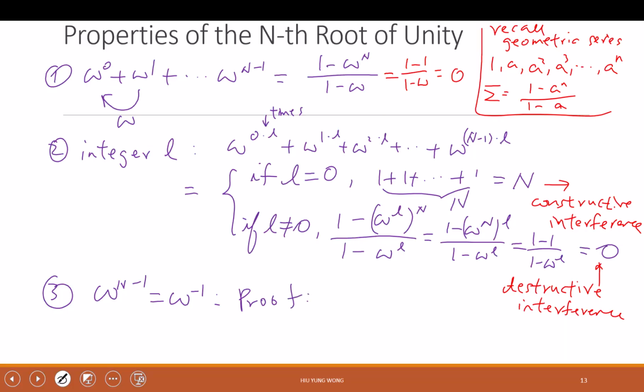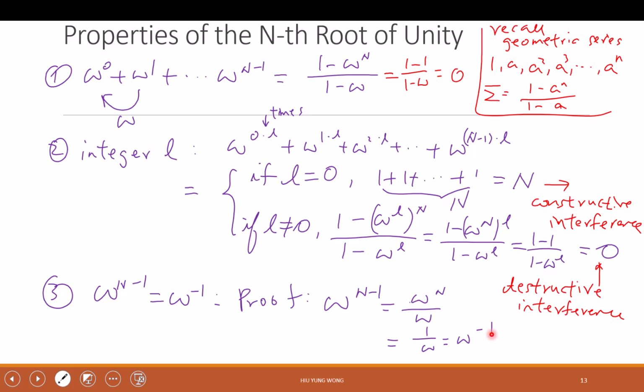It is easy to prove, because omega to the power n minus 1 is just equal to omega to the power n divided by omega. And what is omega to the power n? Again, it is the nth root of unity, so it's 1 over omega, which is omega to the power minus 1. Nothing special, but we are going to use this property in the future.